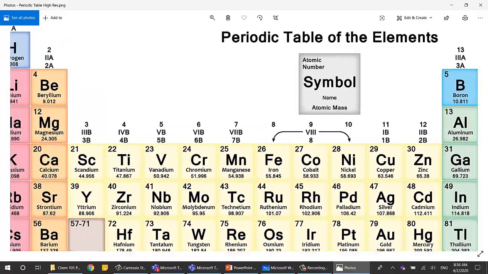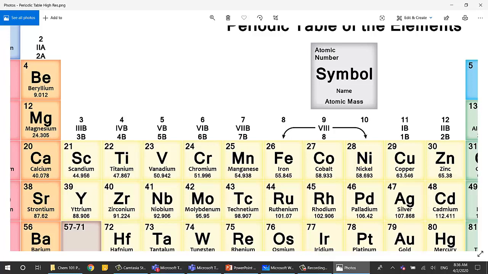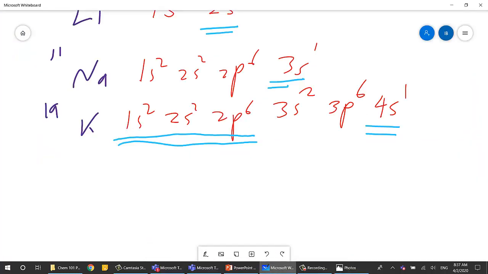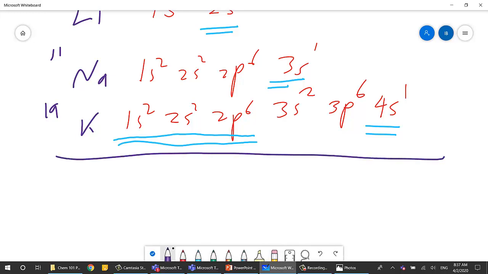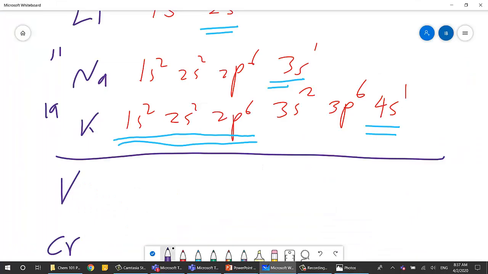But let us do something for the transition metals. Let's do vanadium and chromium. Vanadium is 23. So it's 1s2, 2s2, 2p6, 3s2, 3p6.